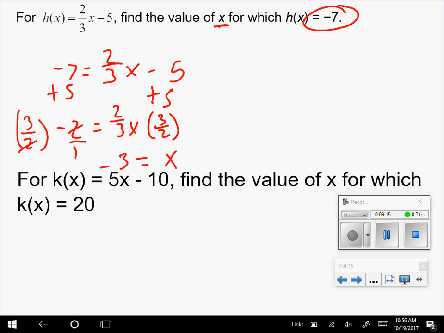Okay, we'll do another example together. For k of x equals 5x minus 10, find the value of x for which k of x equals 20. So we're going to plug 20 in for our function, k of x, and then solve for x. Again, kind of working backwards. So I'm going to add 10 to both sides.